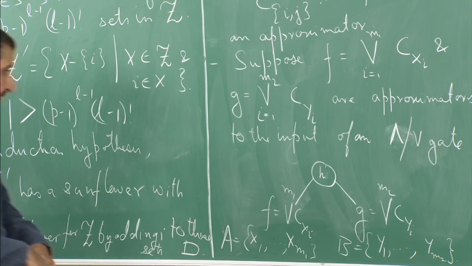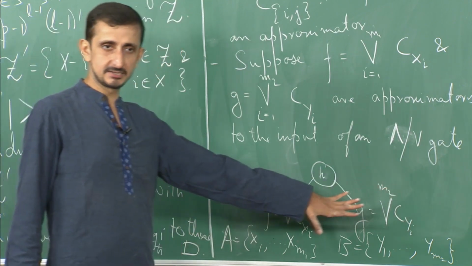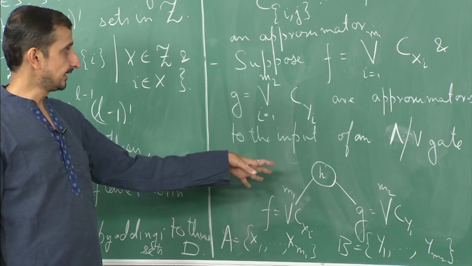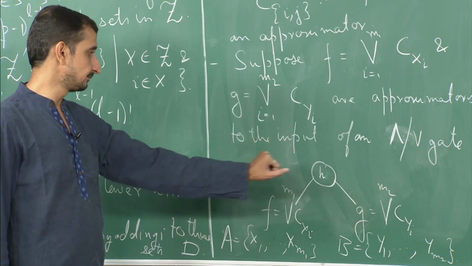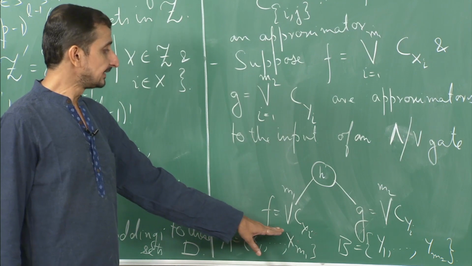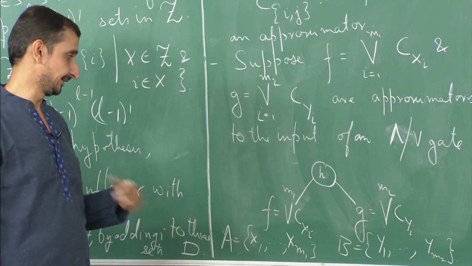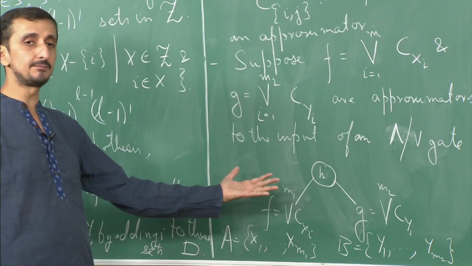And one more thing, what do we know about M1 and M2? How large are they? By the definition of an approximator, it is an OR of at most M clique indicators.